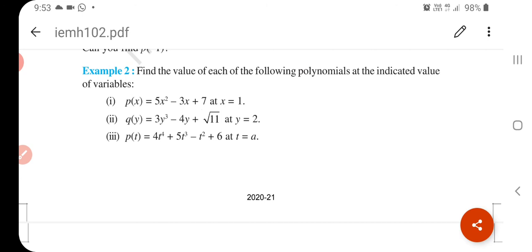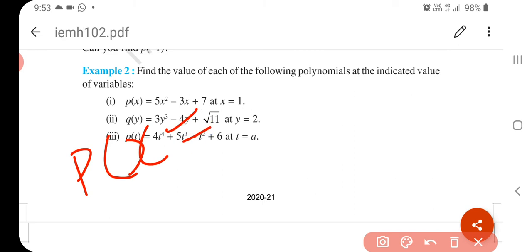Therefore p(x) is not equal to 0 for any real value of x. Hence p(x) has no real zero. If the polynomial is in the form p(x) equal to 5, we don't have any zeros.